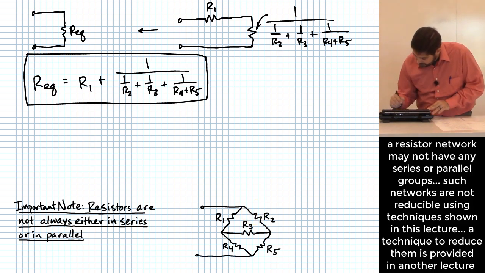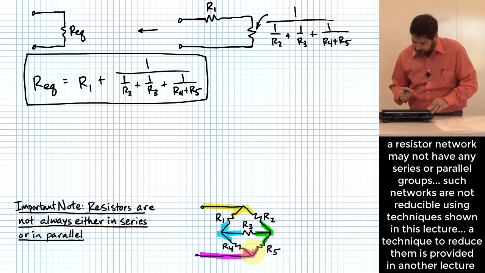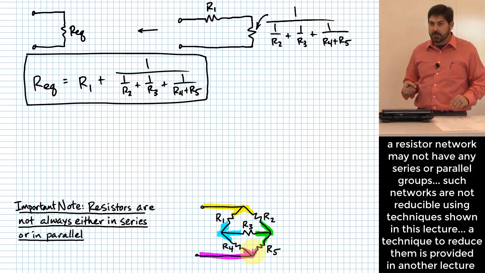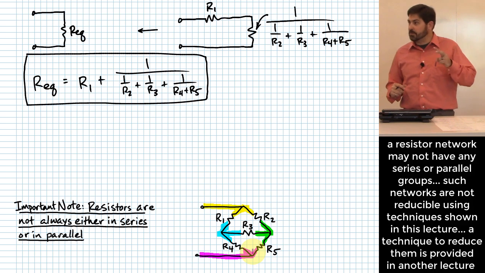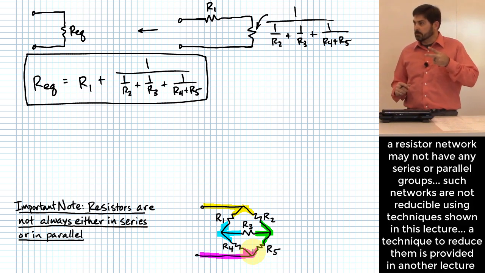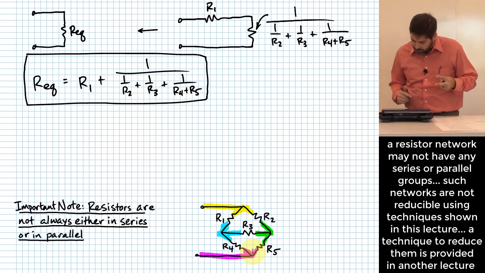This one might be a little harder to see, so let me start coloring in my nodes. There's a couple of my nodes. Let's say here's another node right here, and then here's the last one down here. Do I have any circuit elements that are connected across a pair of the same two nodes? Okay, someone says R1 and R2.